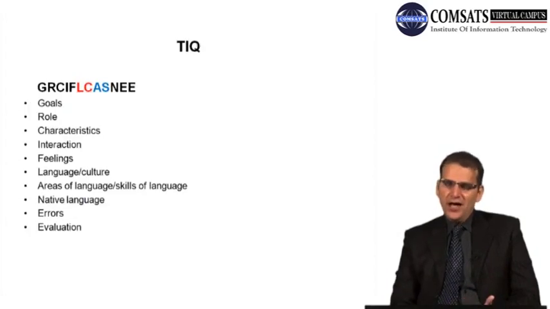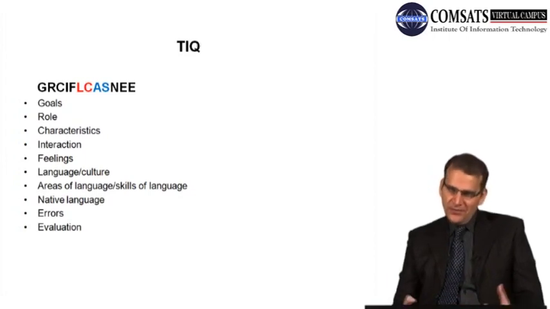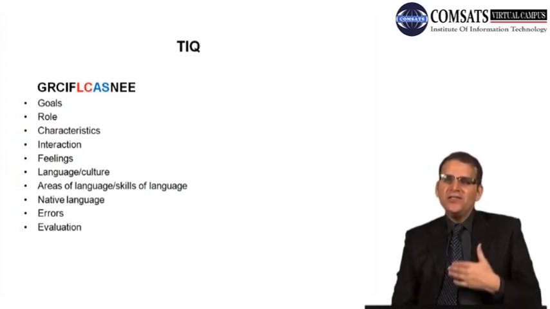Example, GRI, GRC, right? So G for goals of a teacher, or role of a teacher and role of a student. C, characteristics of the teaching and learning process. Then what? Interaction. I for interaction between students, and interaction between student and teacher. And then what?